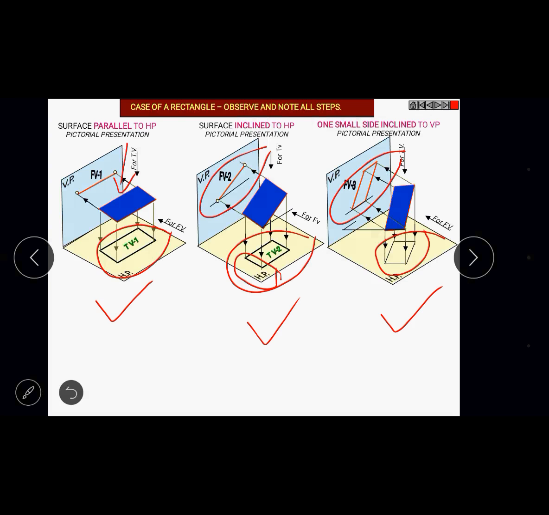In the second category, the reverse observations are seen. For HP resting, the first step is the lamina placed parallel to HP: the top view will be a regular shaped rectangle and the front view a horizontal line. If the same lamina is placed parallel to VP, it will interchange: the front view will be a regular shaped lamina and the top view a horizontal line.